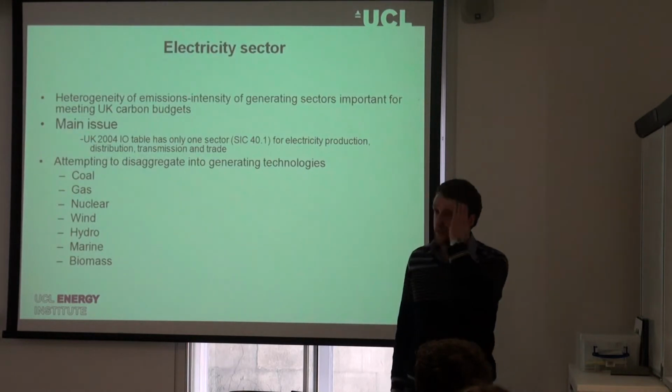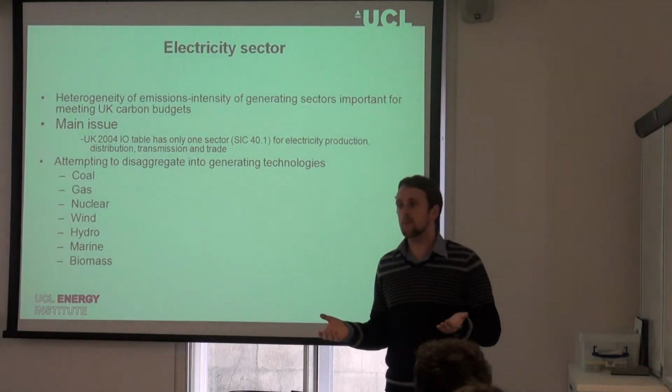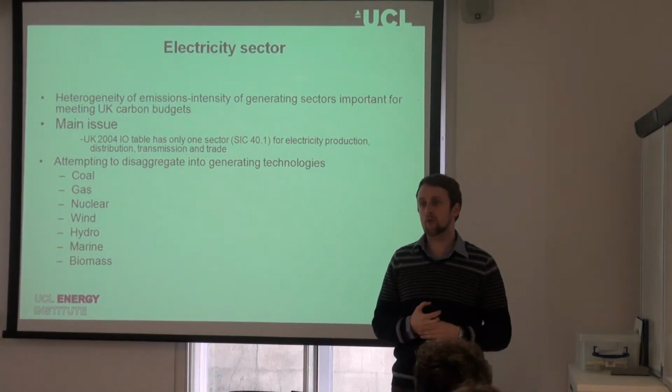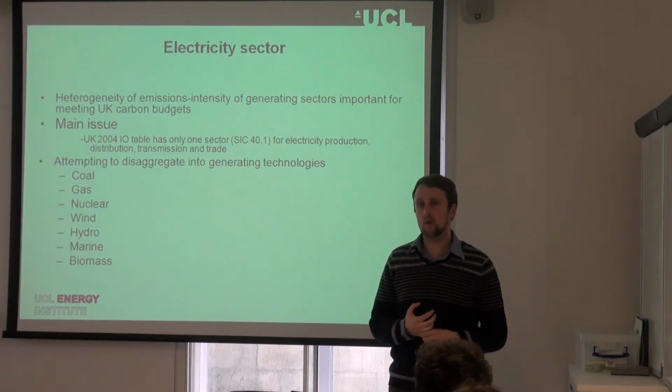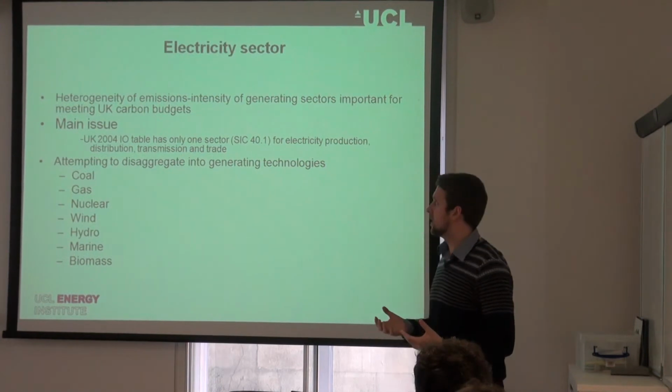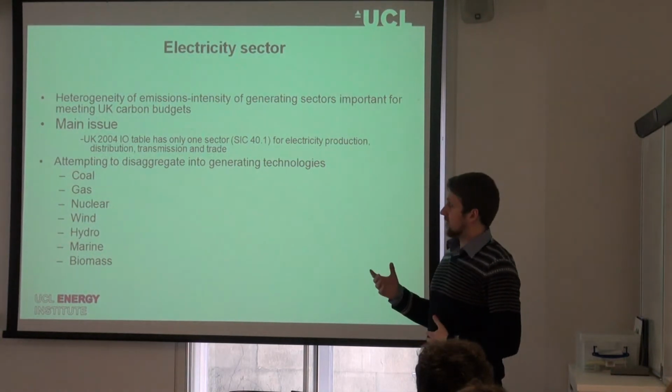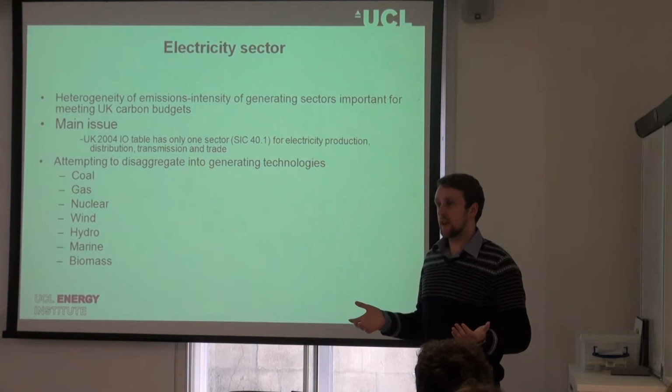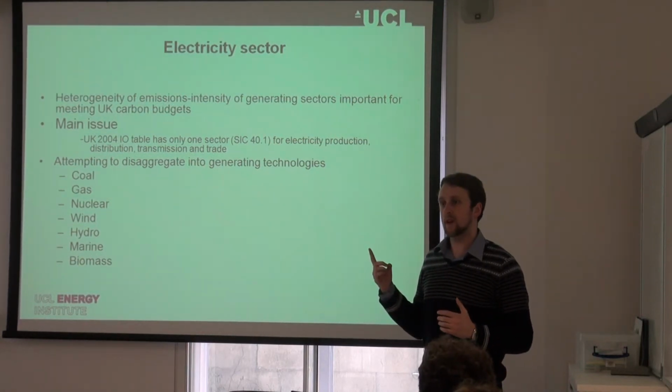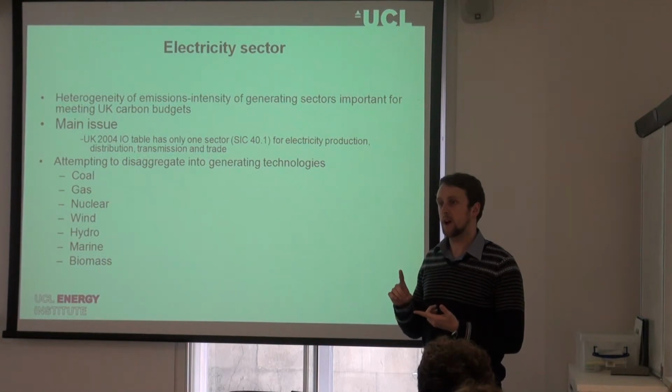So the other thing I wanted to do, the main problem with using this type of model for energy work is that the electricity sector, even though it's quite a large sector of the UK economy, is only considered within the economic accounts as one sector. So you have production, generation basically, and then distribution.